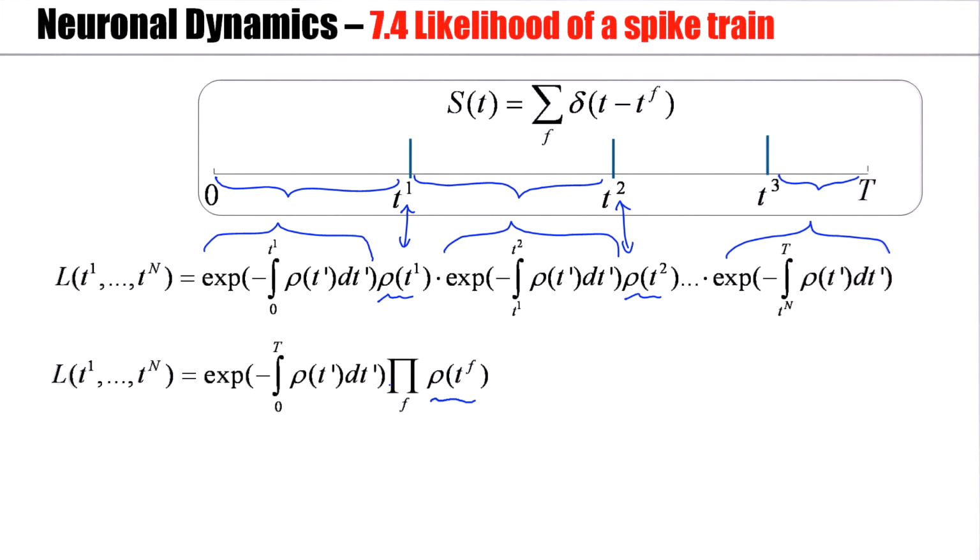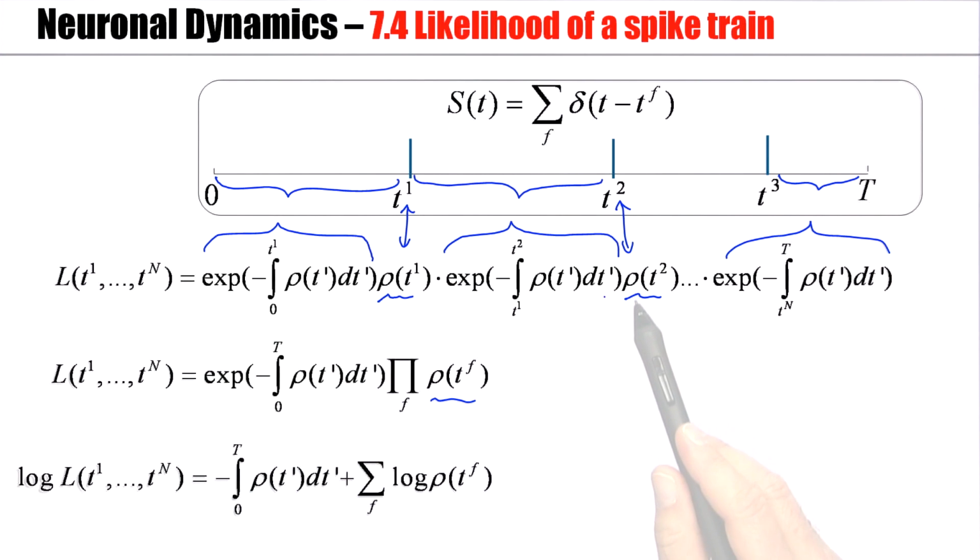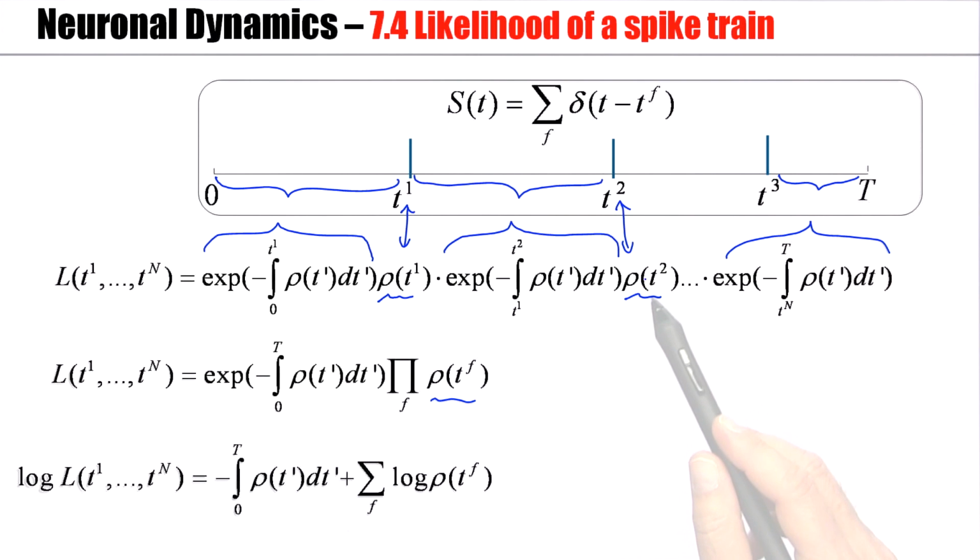And as we have seen, sometimes we consider the logarithm instead of the likelihood itself. Now, this formalism works for arbitrary stochastic point processes that are characterized by this instantaneous intensity or instantaneous firing rate or hazard of firing.